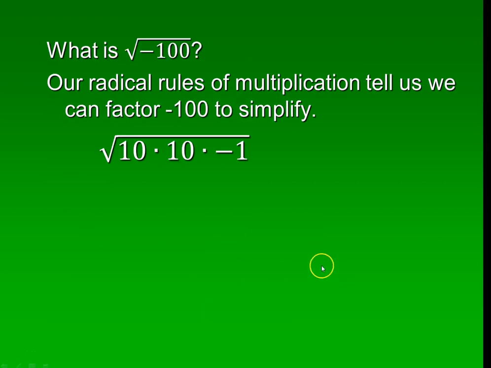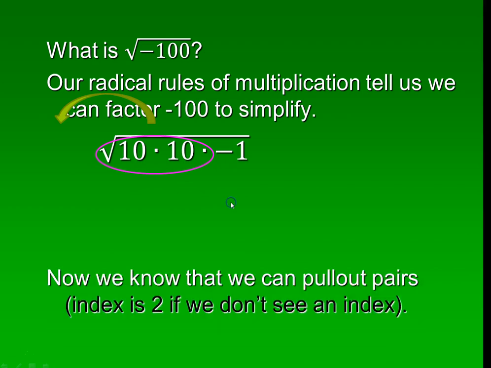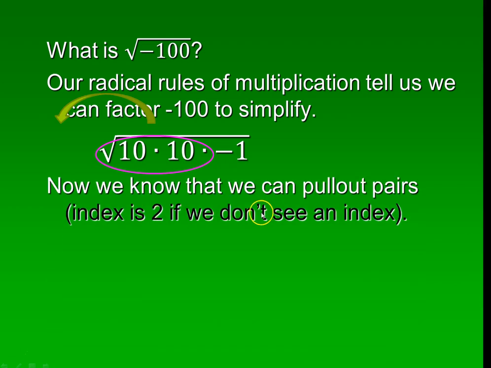So we're going to use our radical rules, and we're going to break this down to 10 times 10 times -1, and that gives us -100. But we notice that there's 2 10s. If there's 2 of them, and we're doing square root, because the index is 2, we can pull out the 10 and put it in the front, and all we have left is the square root of -1.